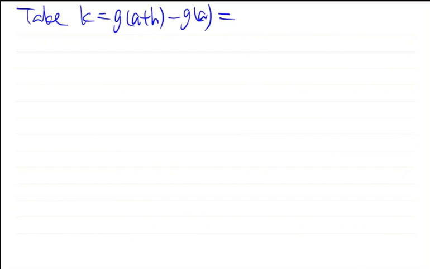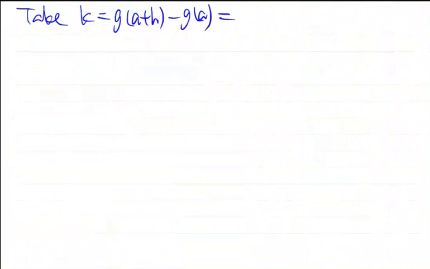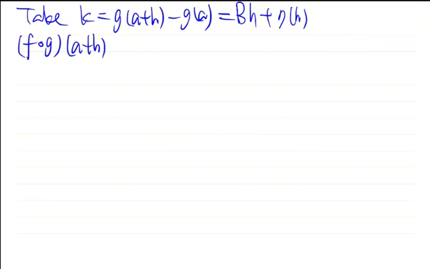So our choice: take k to be g a plus h minus g a, which is also from the second equality here. This is also b h plus eta h. We obtained f g a plus h minus f g a.